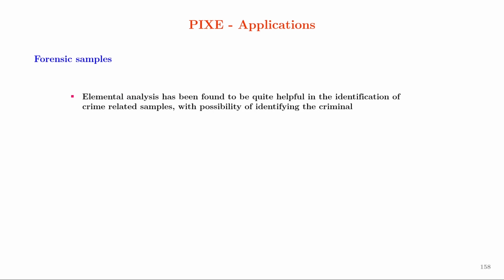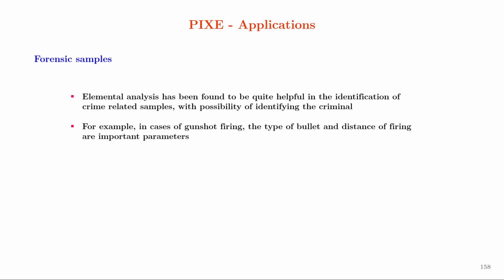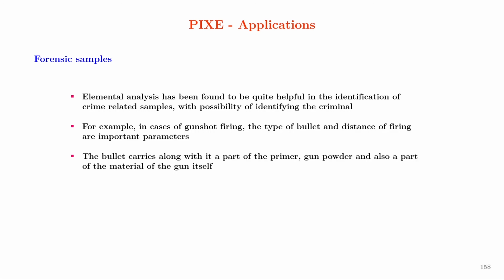Forensic samples. Elemental analysis has been found to be quite helpful in the identification of crime-related samples with possibility of identifying the criminal. For example, in cases of gunshot firing, the type of bullet and distance of firing are important parameters. The bullet carries along with it a part of the primer, gunpowder, and also a part of the material of the gun itself.